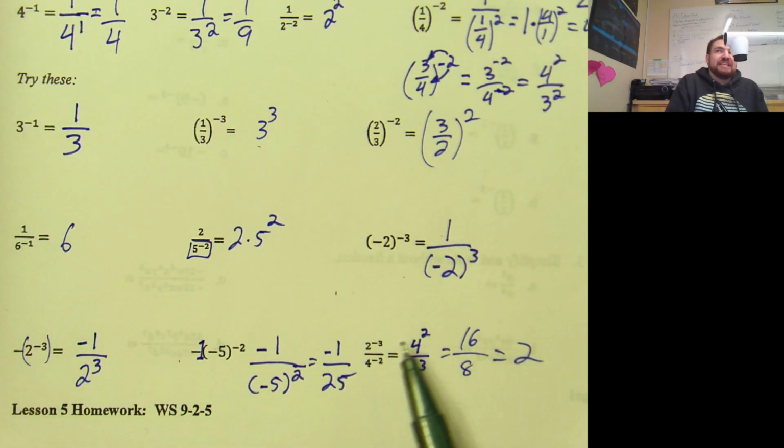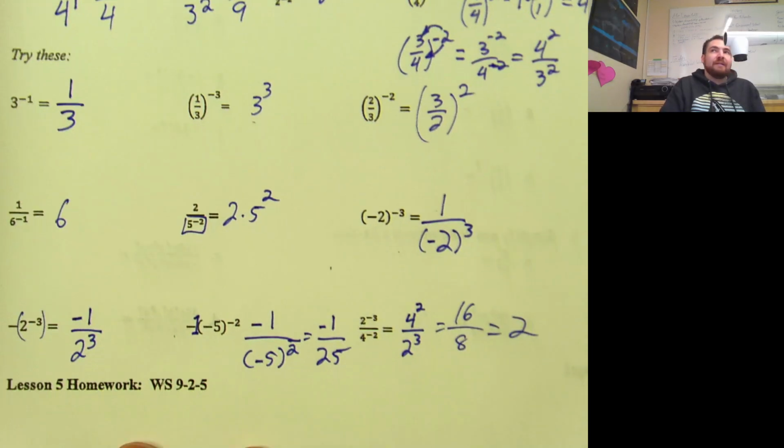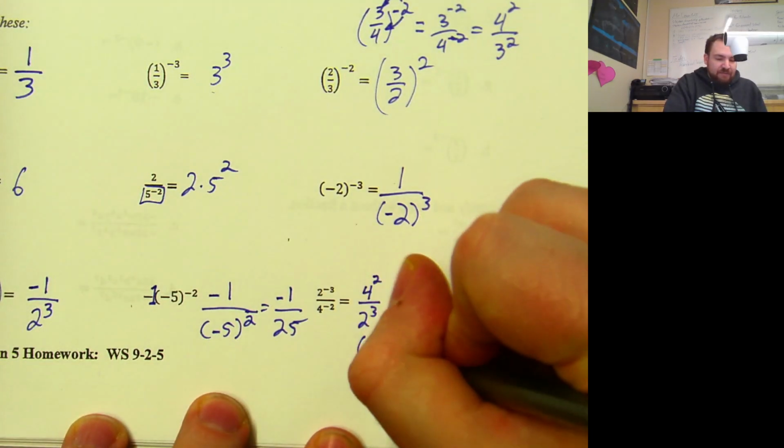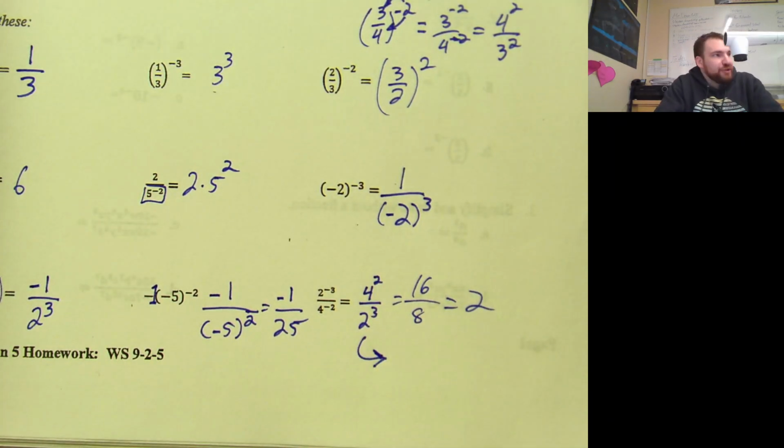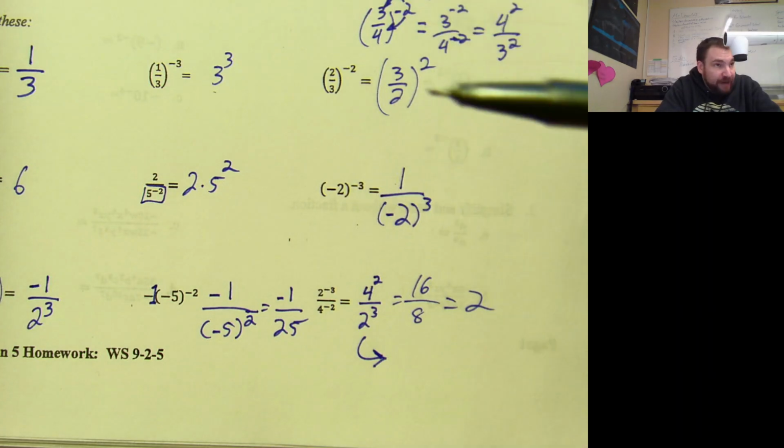There's actually a little sneaky thing I can do here. Does anyone want to see the sneaky thing? Okay, let's show you the sneaky thing. Can 4 be written as 2 to some exponent?